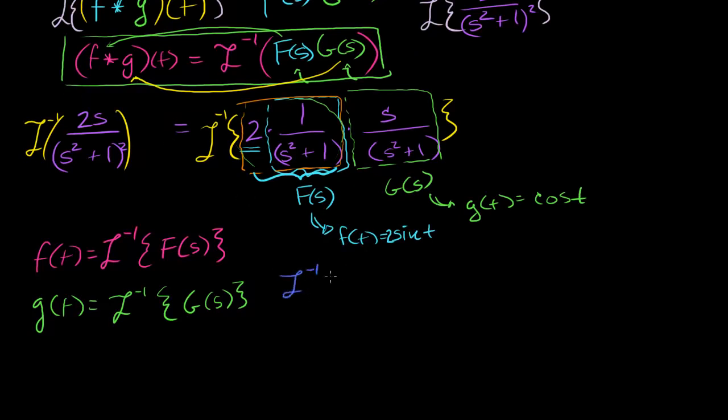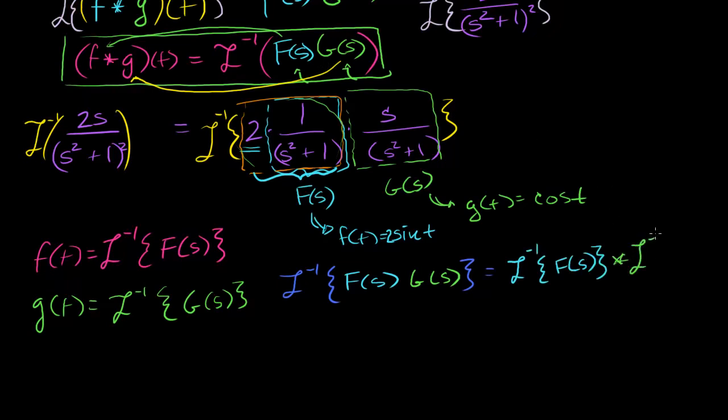The inverse Laplace transform of f of s times g of s is equal to, I'm just restating the convolution theorem right here, the convolution of the inverse Laplace transform of f of s with the inverse Laplace transform of g of s. I'm not sure if that helps you or not, but if you go back to this example, it might.